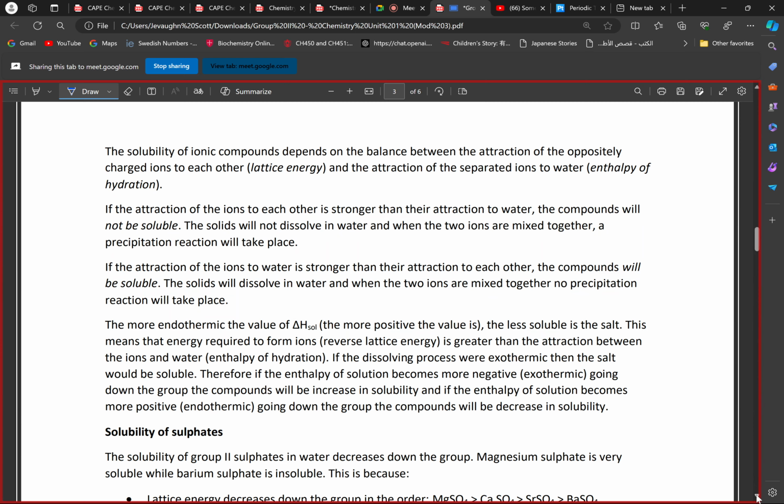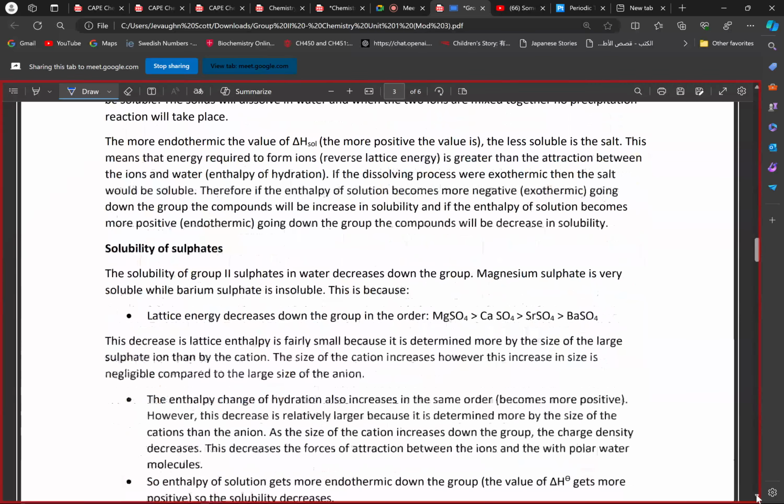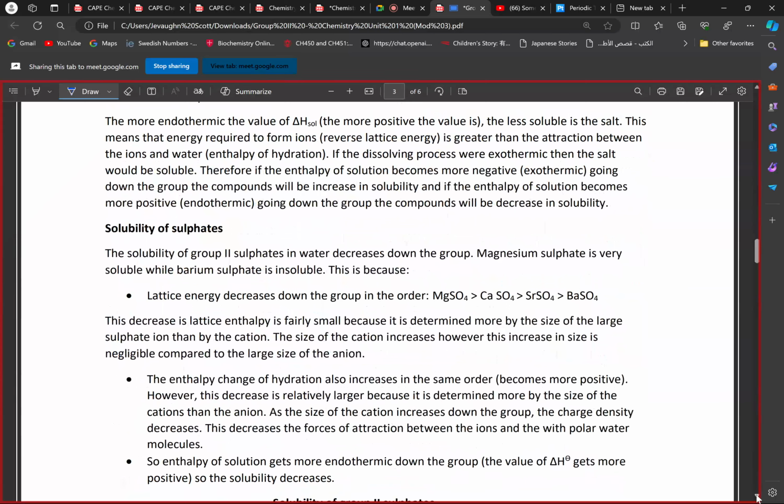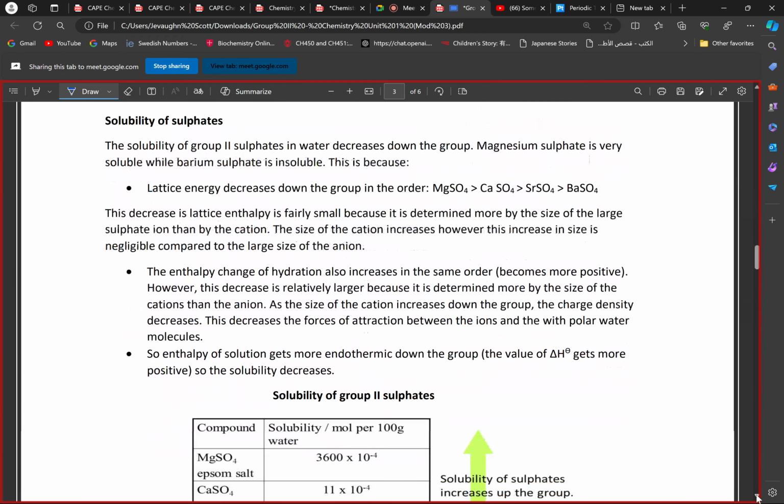When the lattice enthalpy exceeds the enthalpy of hydration, the substance is insoluble, and when the enthalpy of hydration exceeds the lattice energy, the substance is soluble. Hopefully we can remember that from solubility product.